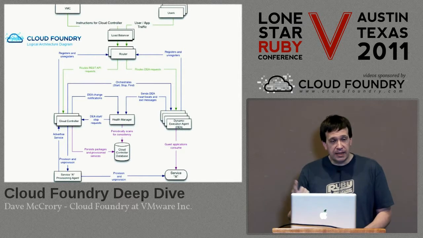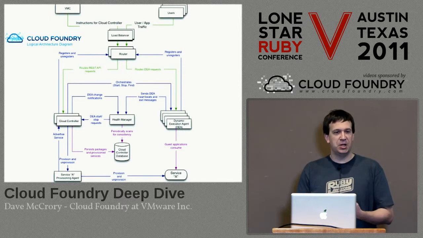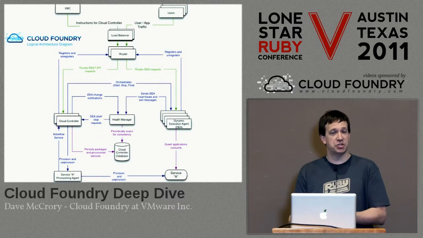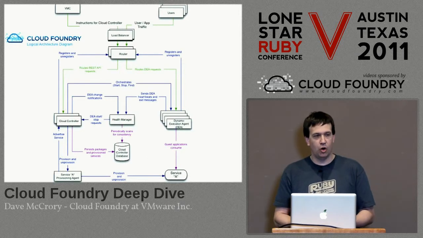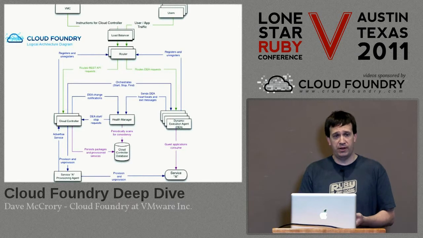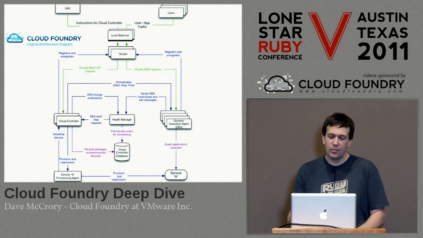And in the meantime, your VMC client, where you've said VMC push, is every now and then polling to see what the current state of the app is. Has it achieved a started state? Has it crashed or failed, or what it is? So that's happening asynchronously. In fact, almost all activities inside of Cloud Foundry happen asynchronously.